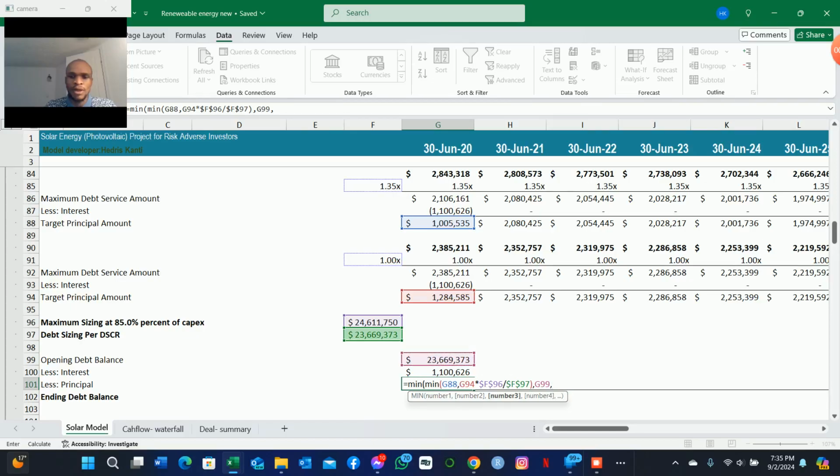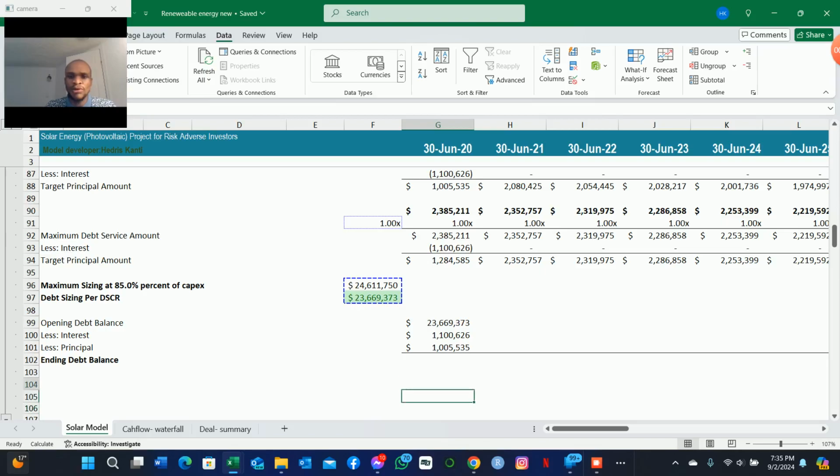And then since it's an embedded minimum, we will go again to take the minimum of whatever the target principal is, and then the target principal amount for the P99 or the opening balance, just like that. Close the bracket two times and we press enter.